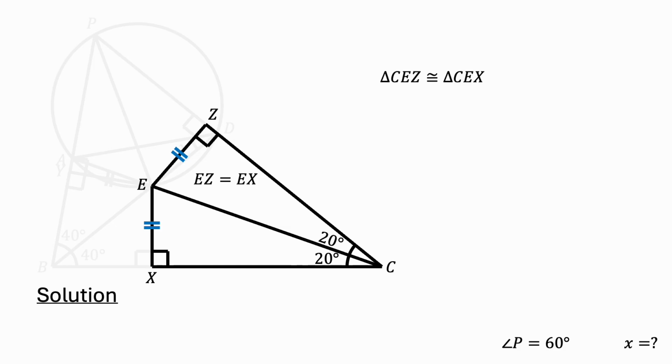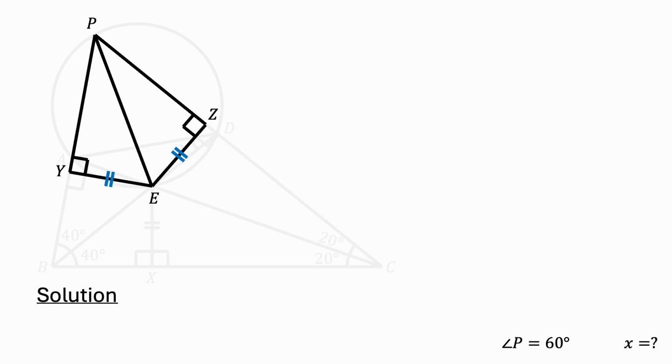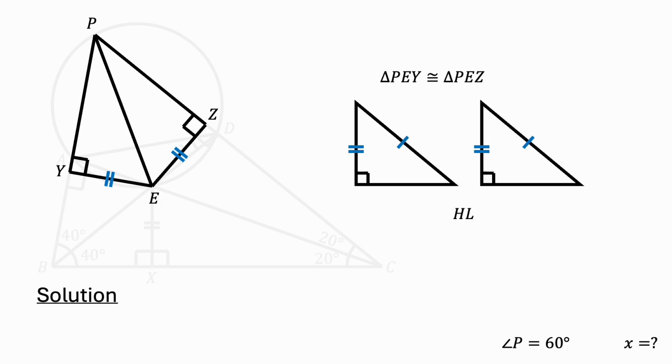Next, consider triangle PEY and triangle PEZ. We claim that triangle PEY is congruent to triangle PEZ. Since angle EYP equals angle EZP equals 90 degrees, EY equals EZ, and PE is common hypotenuse, the two triangles are congruent by HL.